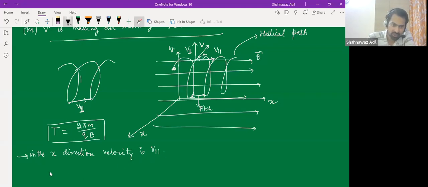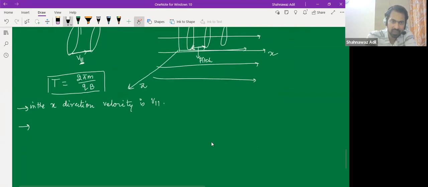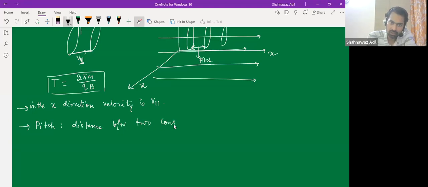So then pitch would be how much? Pitch is the distance between two consecutive circular trajectories, right?